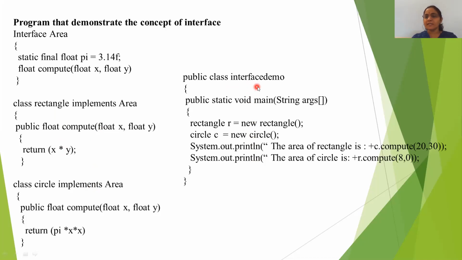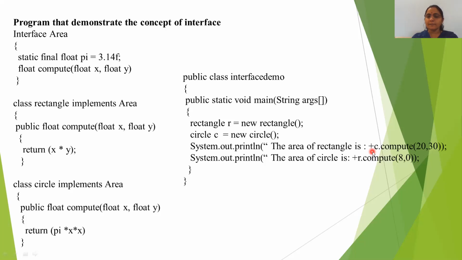Public class InterfaceDemo. Into that, the main signature is there, and I have created the objects of both the classes, Rectangle R and Circle C. Okay. System.out.println, and I call the method compute within the println statement.